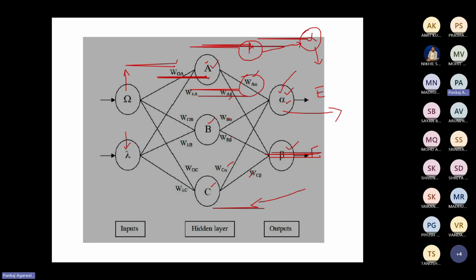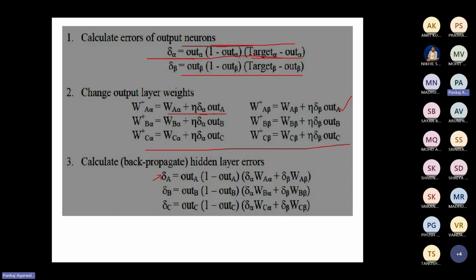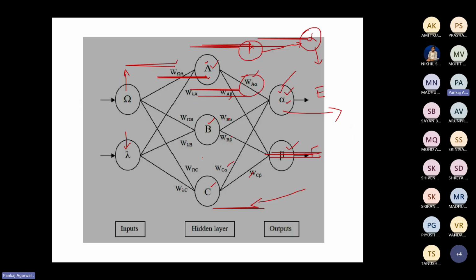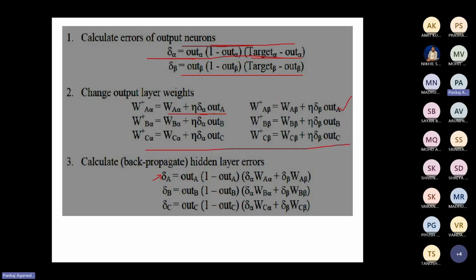So now we have to calculate the error at A, because I cannot touch this particular weight unless, because this is associated with A and this one. This cannot have a direct effect on this. Understand my point? So you have to respect those connections also. So I have to recalculate the error at A, B, and C. How I calculate the error is again a formula based approach.